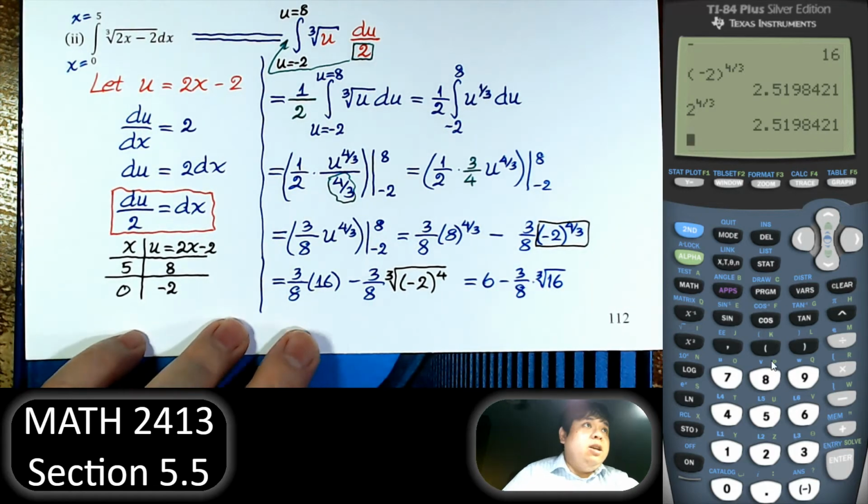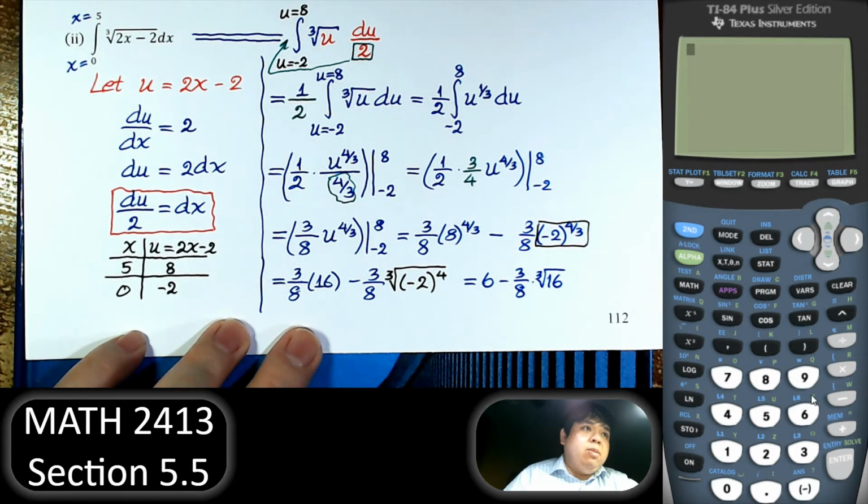So let's just see what that is. Approximately equal to 6 minus 3/8 times cube root of 16. Cube root is under math. Or we can choose here, which we can type any root.